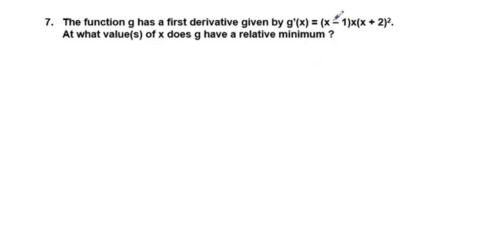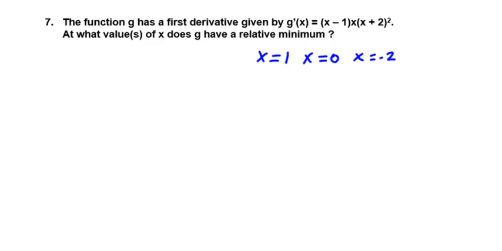If we set each of these terms equal to 0, like x minus 1 equals 0, our zeros will be x equals 1, x equals 0, and solving the quantity x plus 2 equals 0, we have x equals negative 2.